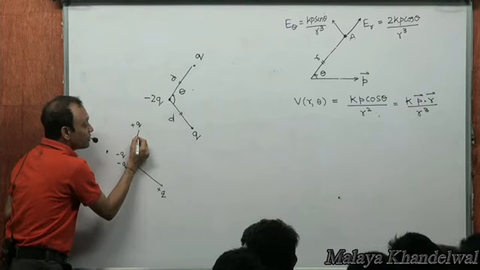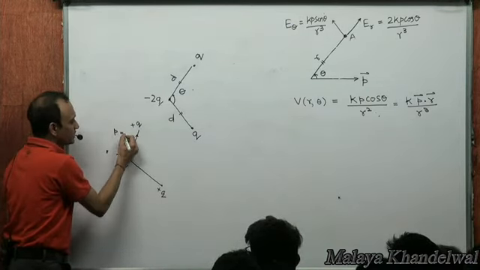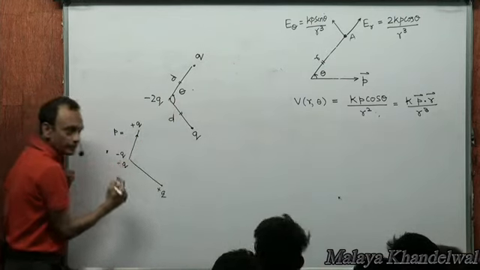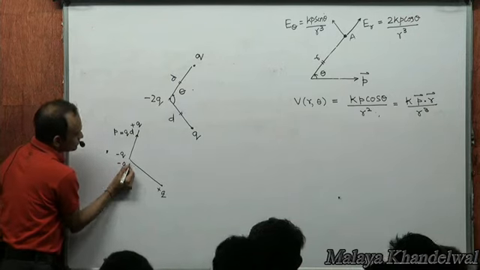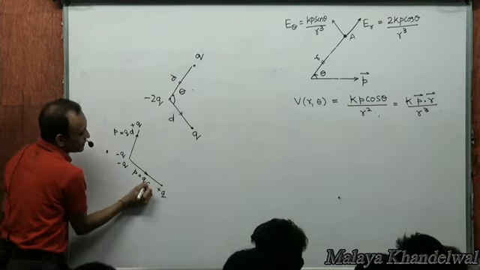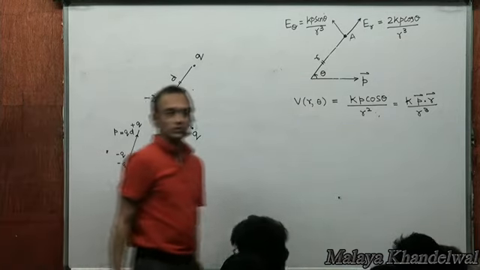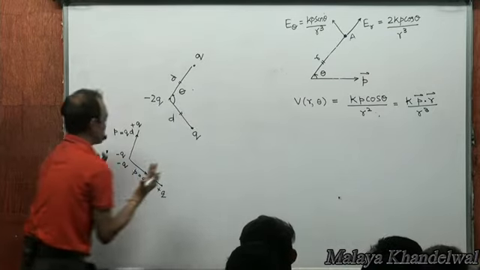And the first dipole would be of magnitude p equal to q into d. The other dipole would also be of magnitude p equal to q into d. These are the two dipoles. Yes or no? Now if somebody asks what's the net dipole moment of this arrangement?